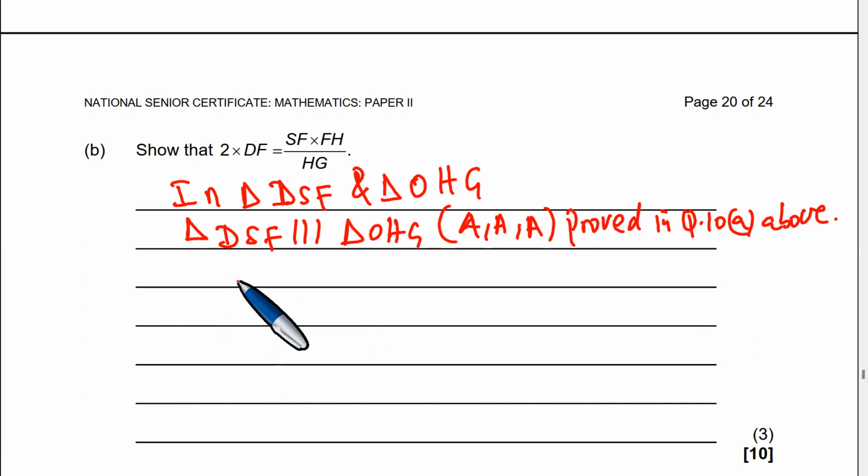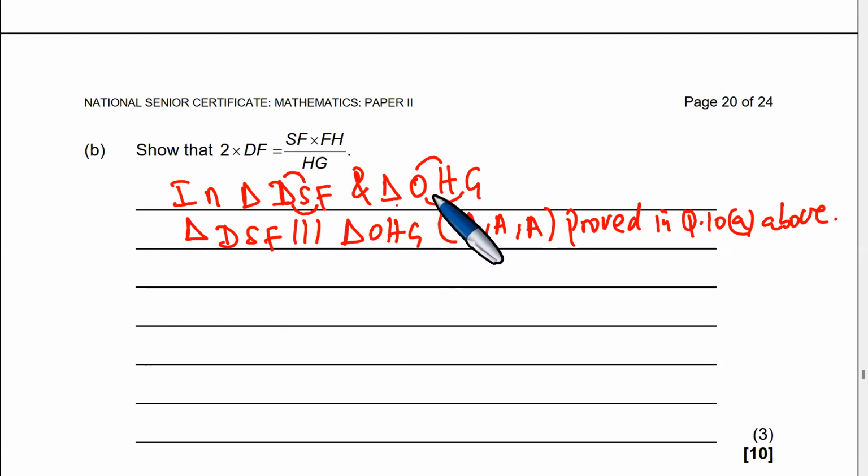So now because of these, there are many things you can say here. In mathematics you say this over this. We want DF, so if you take DF, you take OG, for example.